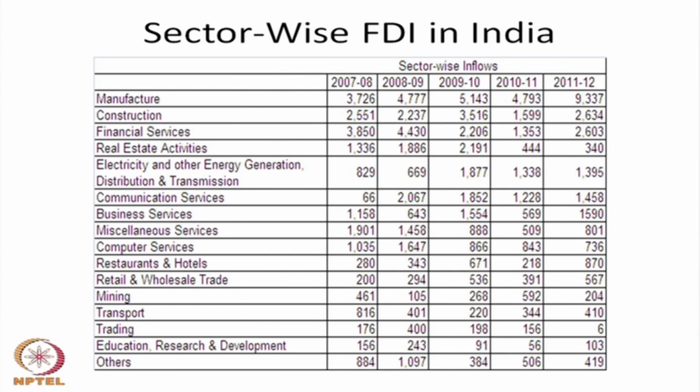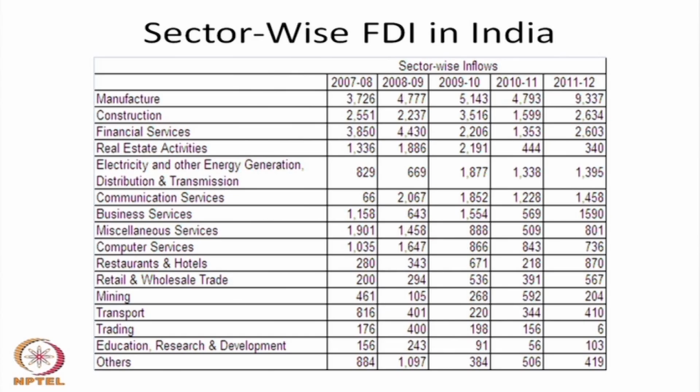Here I have given the sector wise: manufacturing sector, construction, financial services, real estate, electricity, energy generation, communication sector, business services sector, some kind of miscellaneous sector, computer services, restaurant, hotel, retail, wholesale trade, mining, transport, trading, education, research and development.